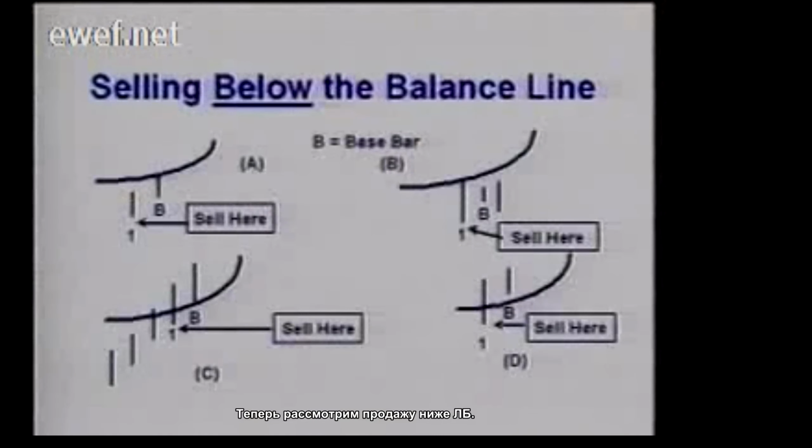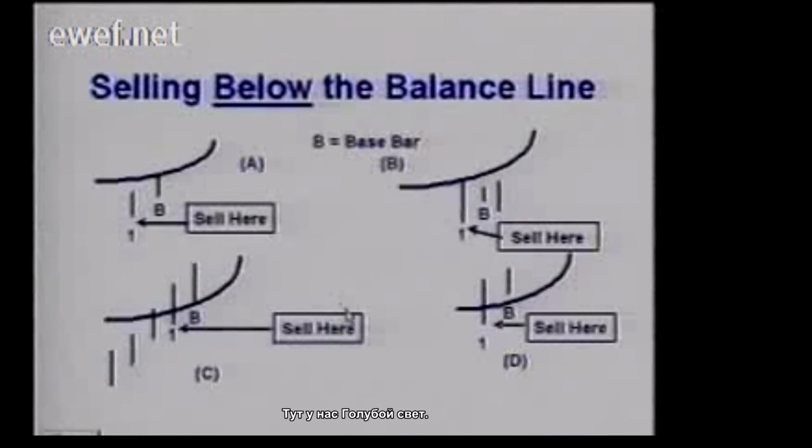Now let's look at selling below the balance line, and since we're below the balance line, these would indeed be entries, provided that a fractal down has been our first signal, and that fractal down outside the alligator's mouth has already been hit. Then we want to be very aggressive. So anytime the market gives us a base minus 1 below, we want to sell. And over here we have base minus 1, we want to sell.